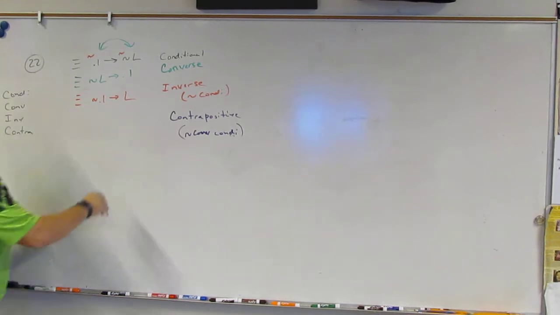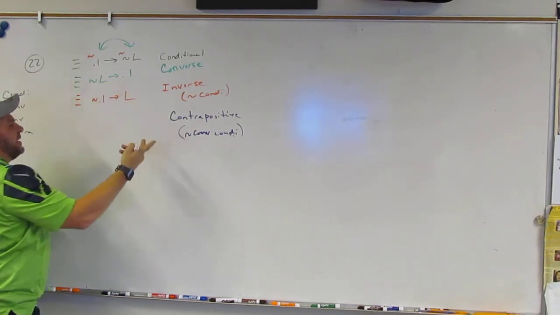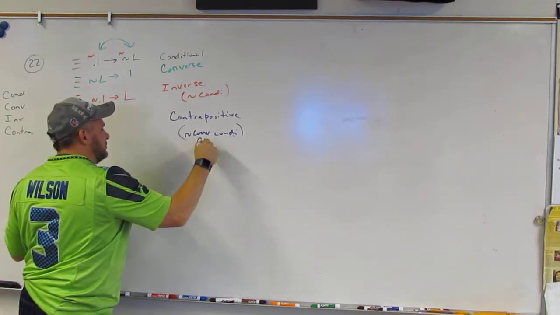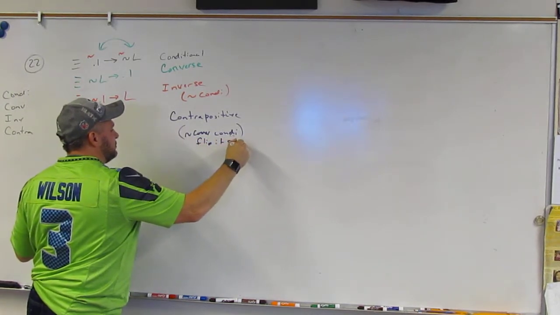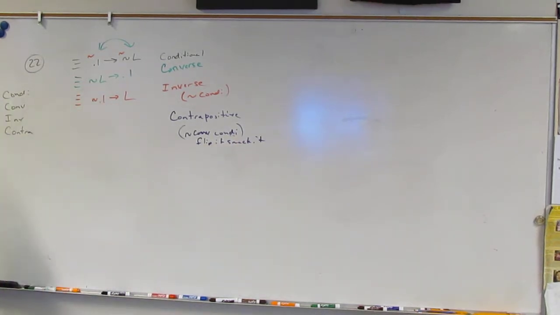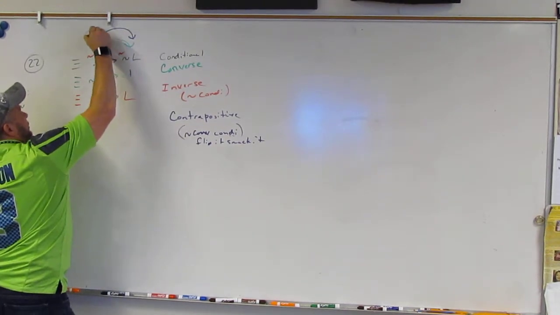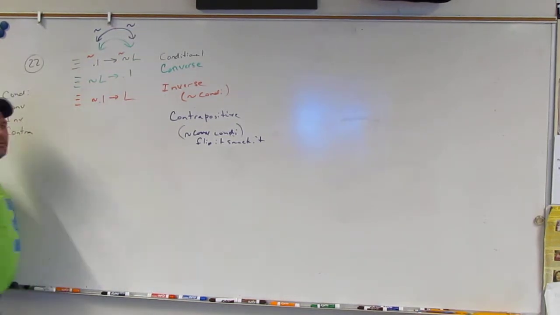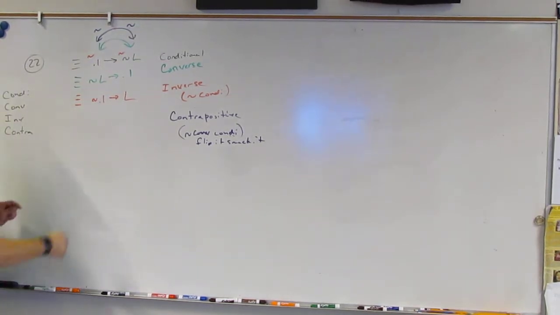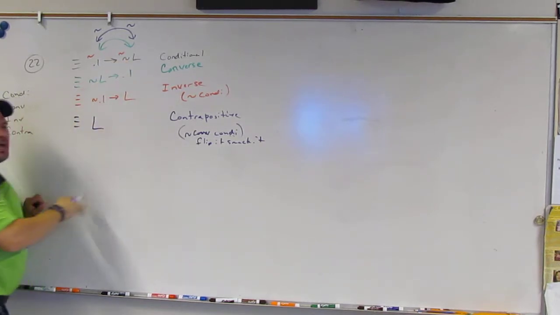Because what you do is you flip it, and then you smack it. So it's a lot like slope. Okay? So, in other words, we're going to flip this, and then we're going to smack it. Okay? So, not becomes L, right?